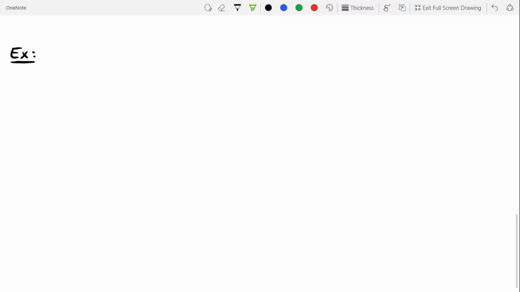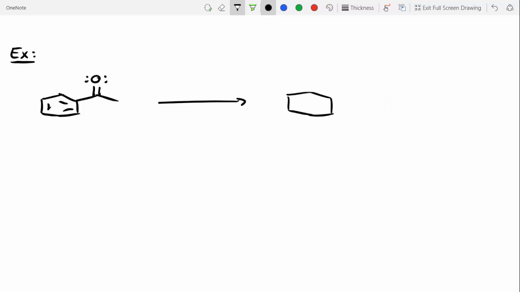All right, for this one, we're going to do acetophenone to a secondary alcohol. And the carbon in particular that's being changed is this carbon right here, and it got changed into an alcohol.